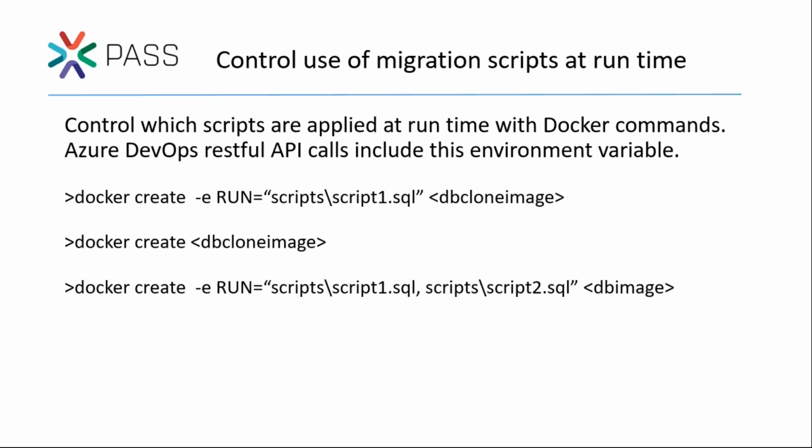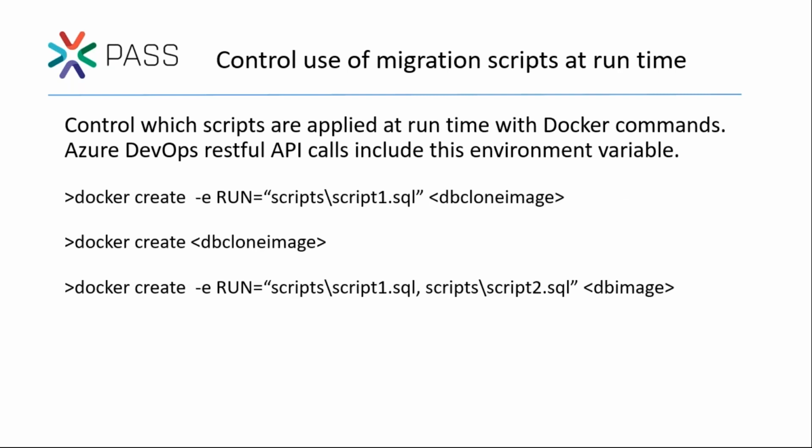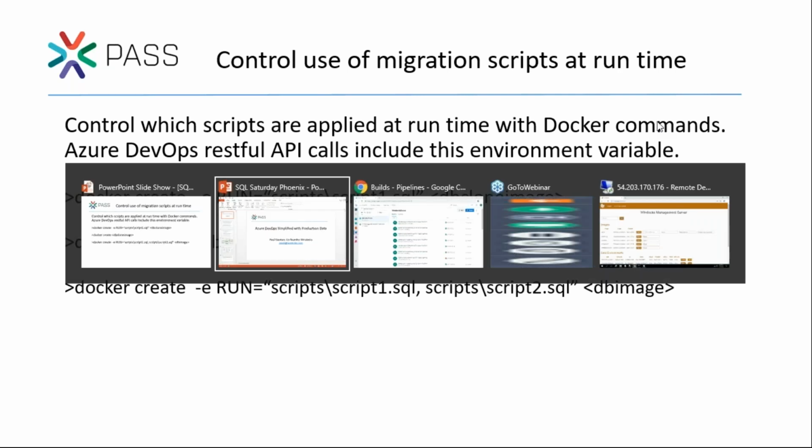And then, of course, if you're using containers, you can organize the scripts that are applied using the Docker command line. And with that, we're going to go ahead and take a look at how this works.